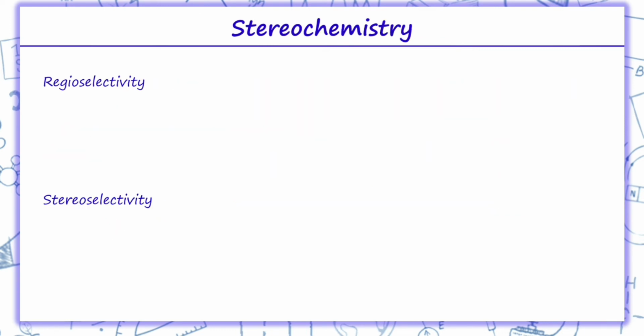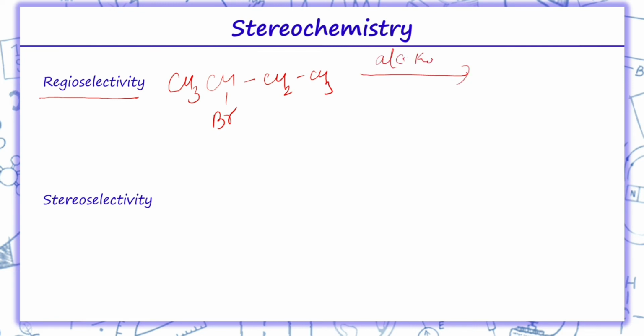Now coming on to stereochemistry. When we talk about stereochemistry, we talk about regioselectivity. It is basically the preference of one direction of chemical bond making or breaking over all other possible directions. Like we have over here an alkyl halide, which is 2-bromobutane. Now if it reacts with alcoholic KOH, we know alcoholic KOH participates in dehydrohalogenation.